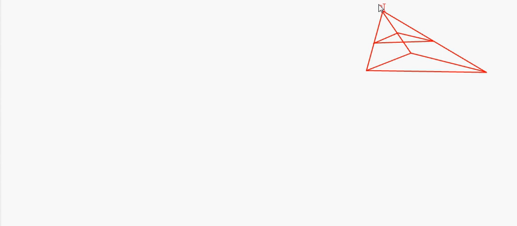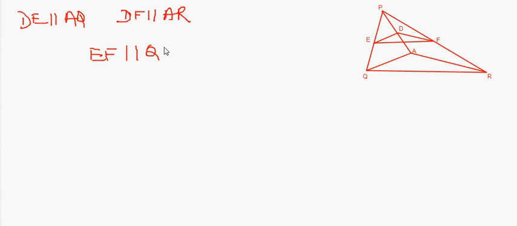This is P, this is Q, this is R, this point of intersection is E, A, this is D, this is given as F. Now the question reads that DE is given parallel to AQ and DF is parallel to AR. You have to prove EF parallel to QR.